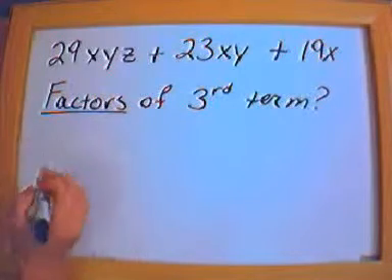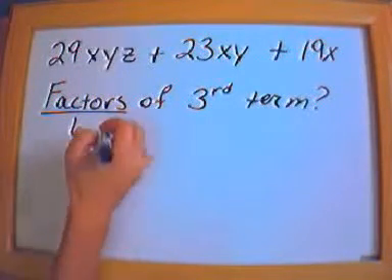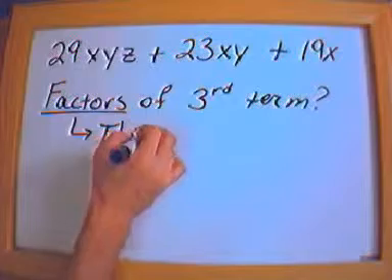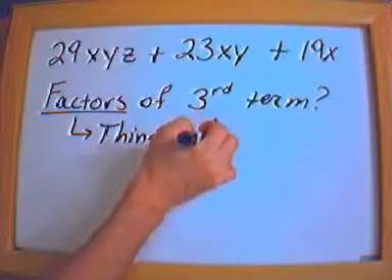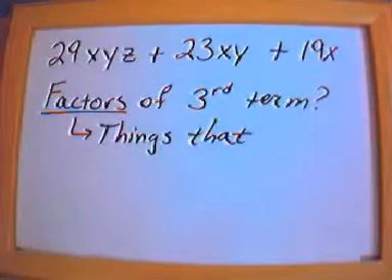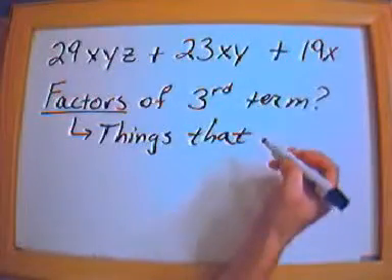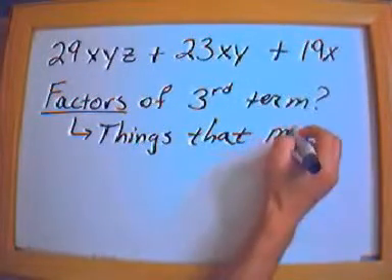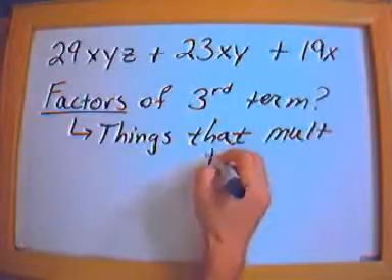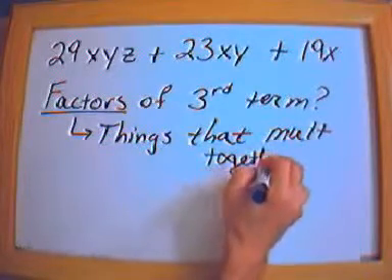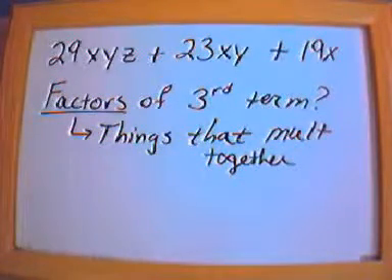Factors, what does that mean? You'll see factors all through algebra. We are going to cover factors until you're blue in the face. Basically, factors are things that multiply together.